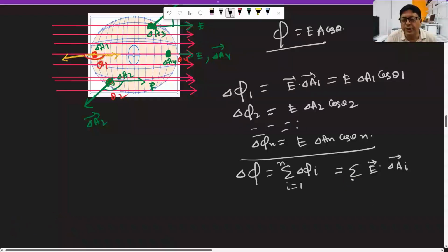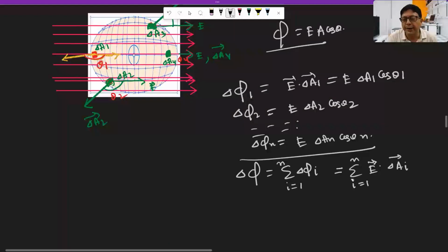So here also it is i equal to 1 to n, and here n is tending to infinity. That we can write in the form of a limit. This is valid because the huge sphere you have to divide into an infinite number of parts, many directions are there, it's a closed surface, so it is limit n tending to infinity.